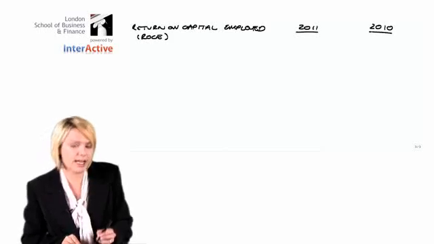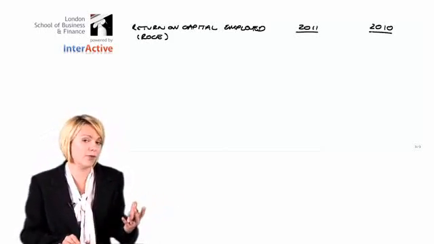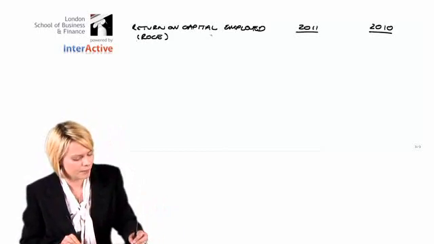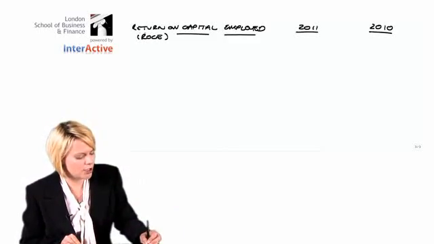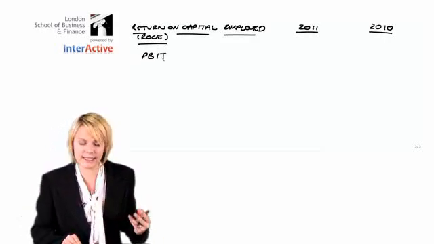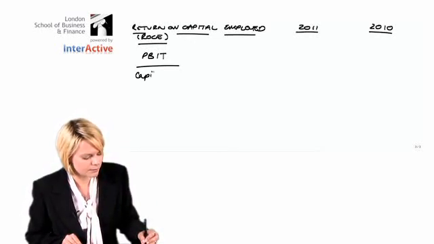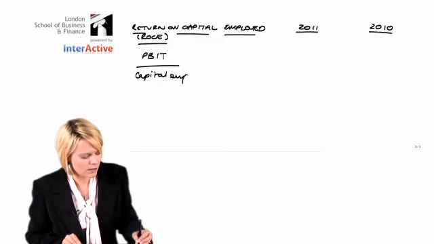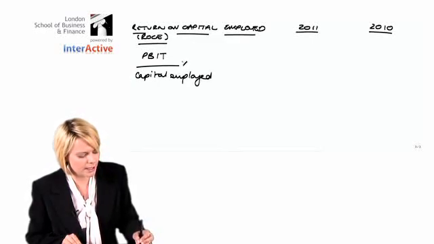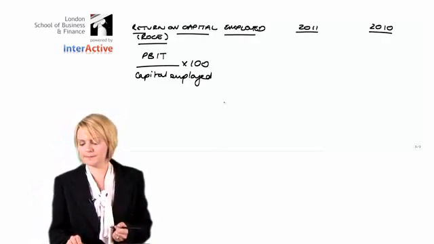And again, we're going to calculate this for 2 years, so we've got something to compare our current year performance with. For this ratio, we're going to take profit before interest and tax, our operating profit, and divide that by our capital employed. But this time it's going to be expressed as a percentage, so we're going to times it by 100.